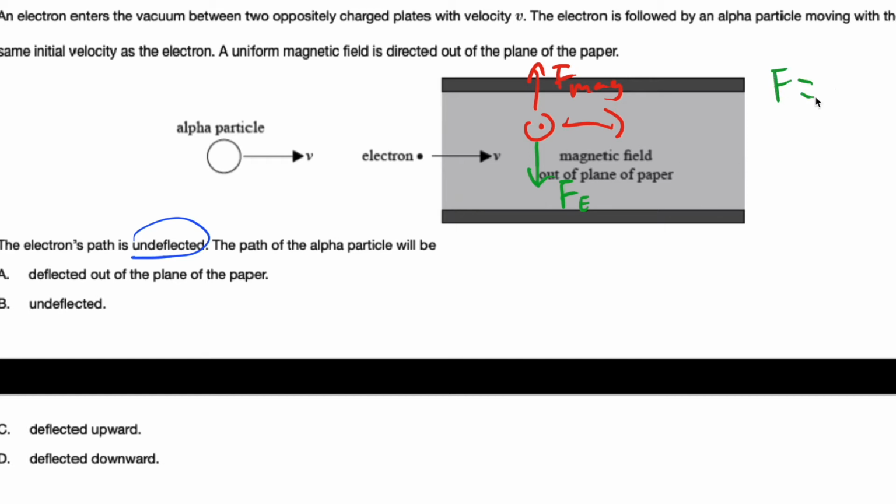Force due to the electric field is equal to charge times electric field, and the electron is a negative charge, so the force will point in the opposite direction of the electric field, which means the electric field must be pointing upward. So the bottom plate is positively charged, and the top plate here is going to be negatively charged.